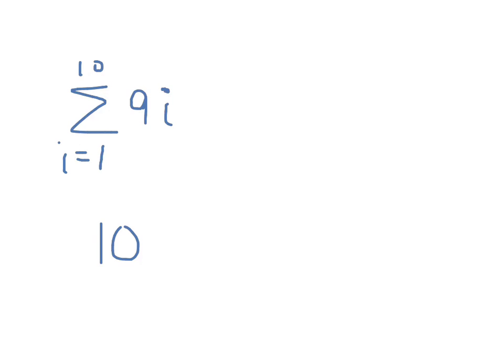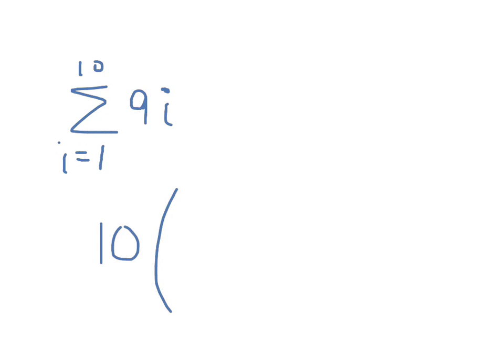Okay? So if I had something like this, 10 on the top, 1 on the bottom, 9i. You could, if you really wanted to spend the time, find all 10 terms. By the way, how did I know there was 10? 10 is the top number, so that's 10 goes on the outside. What's the first term?